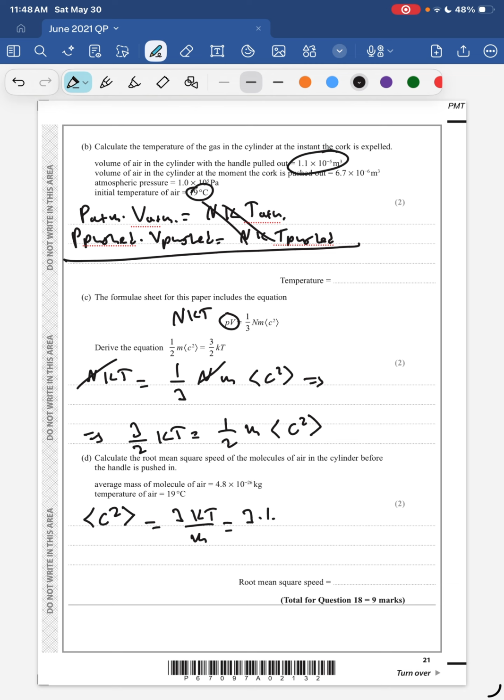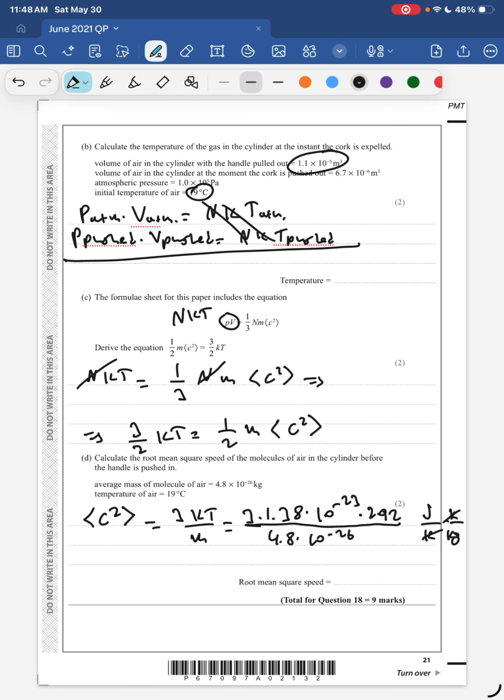So 3 times 1.38 times 10 to the negative 23 times 292 over 4.8 times 10 to the negative 26. And the units are joules per Kelvin times kelvins over kilograms.